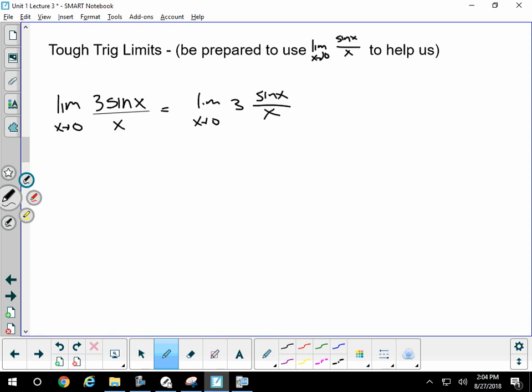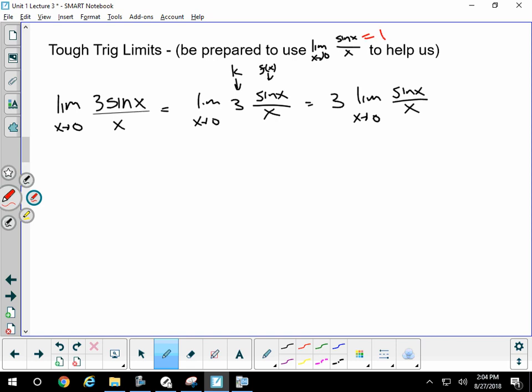Then using a limit property, that's a constant, k, times a function. I could pull out the constant 3 and multiply by the limit. Now, I know that the limit as x approaches 0 of sine x over x is 1.